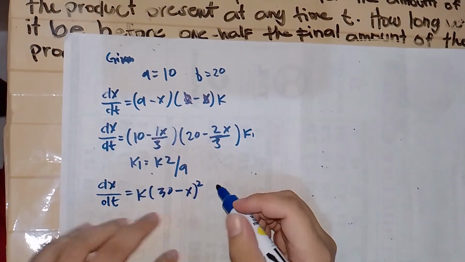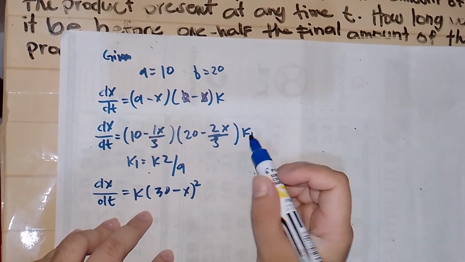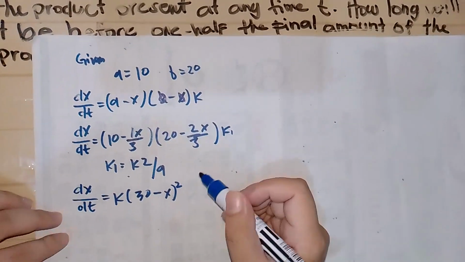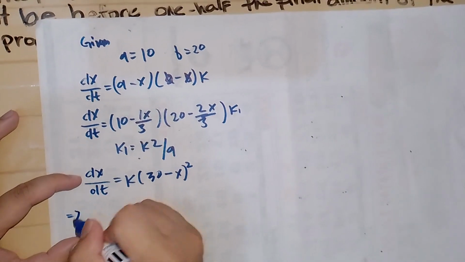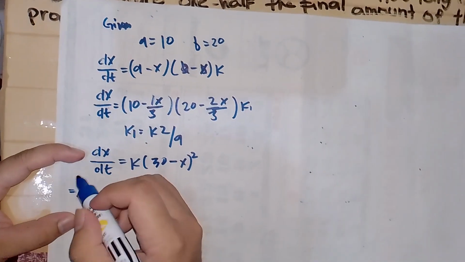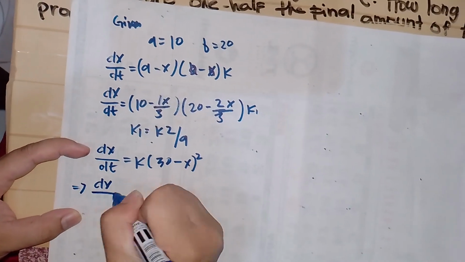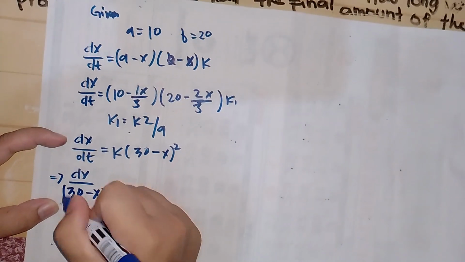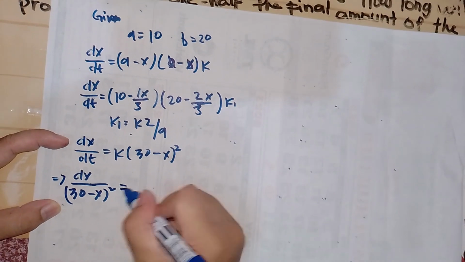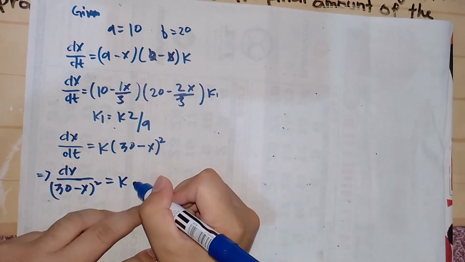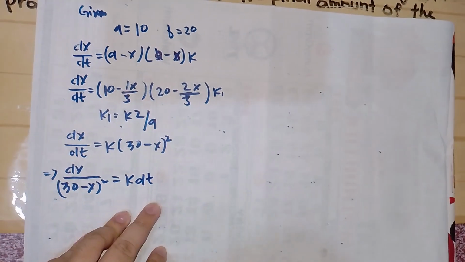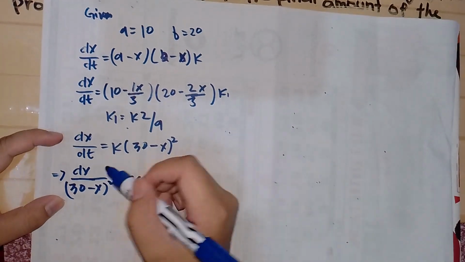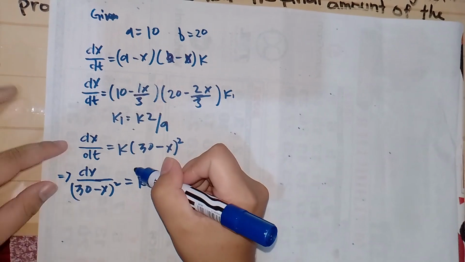So next is to separate the variables. Okay, so using separable, we have now dx over 30 minus x squared is equal to k dt. Okay, now since we finished the separable, we now proceed to the integration part.